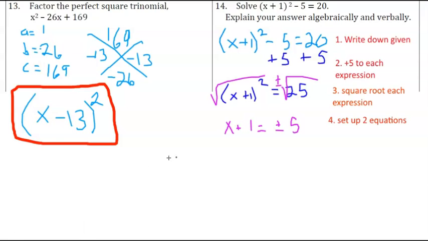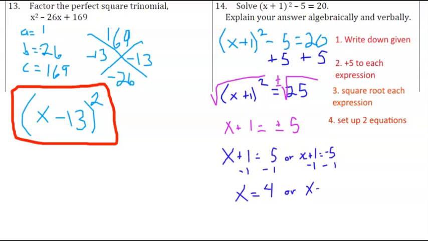So we have x plus 1 equals plus or minus 5. Just like what we saw for absolute values, we'll do 2 equations, a positive one and a negative equation. So we have x plus 1 equals 5, or x plus 1 equals negative 5. Solve for x for both equations. So we have x equals 4, or subtract 1, x equals negative 6.